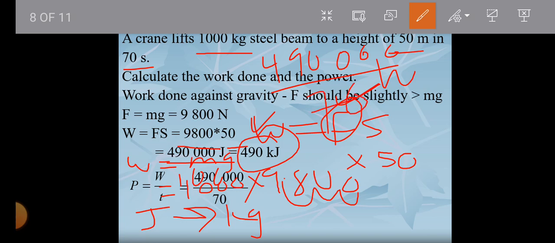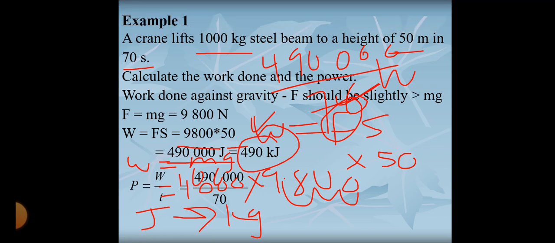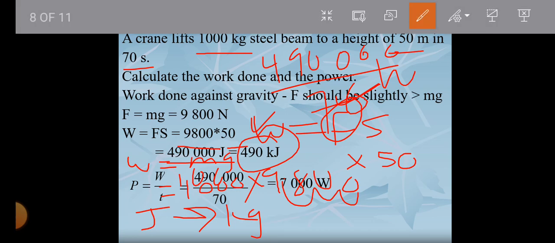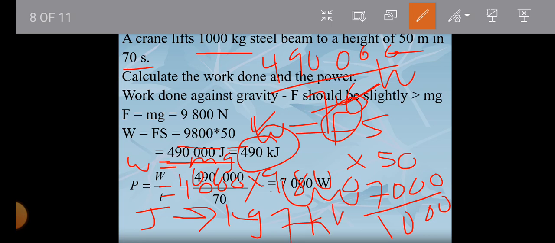And the power there is going to be 7,000 watts. You can take it to kilowatts, which is 7 kilowatts, because for us to convert from 7,000 there, we just divide by 1,000 to get 7 kilowatts.